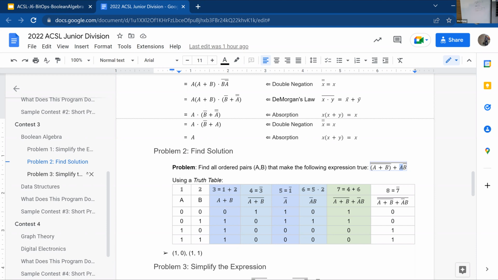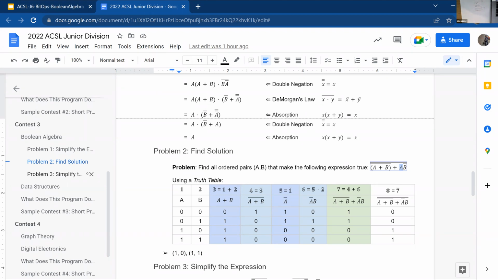We use one column for that. And then not A, sorry, here is one column. And then we do not A and B in another column. And then we combine those parts, we get to this column, and then we get to this column.